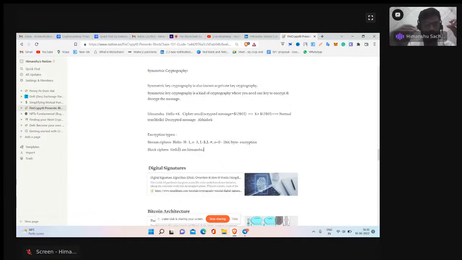It can be of fixed size, let's say a block of 3 letters. The first block will have HEL, the next block will have LOI, and then the next block will have AMH. So each block of three letters will be converted to ciphertext, and this is how block cipher works.